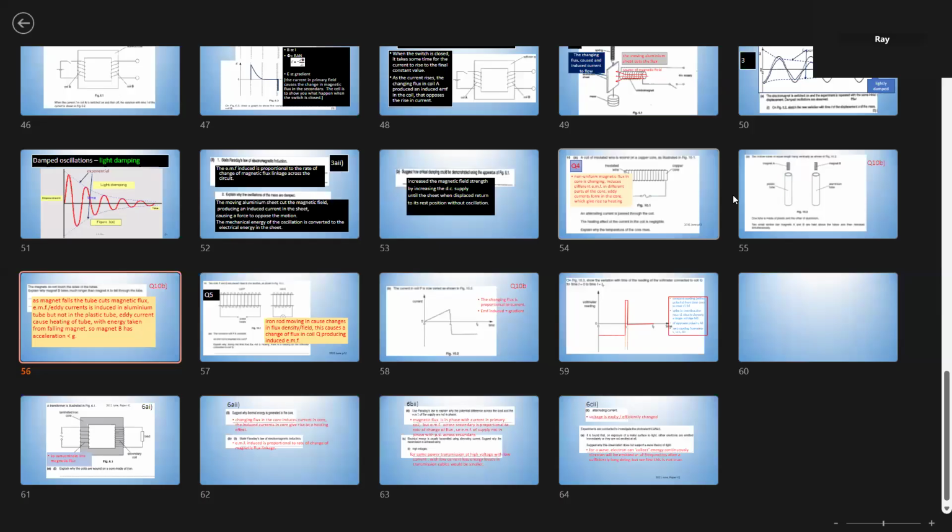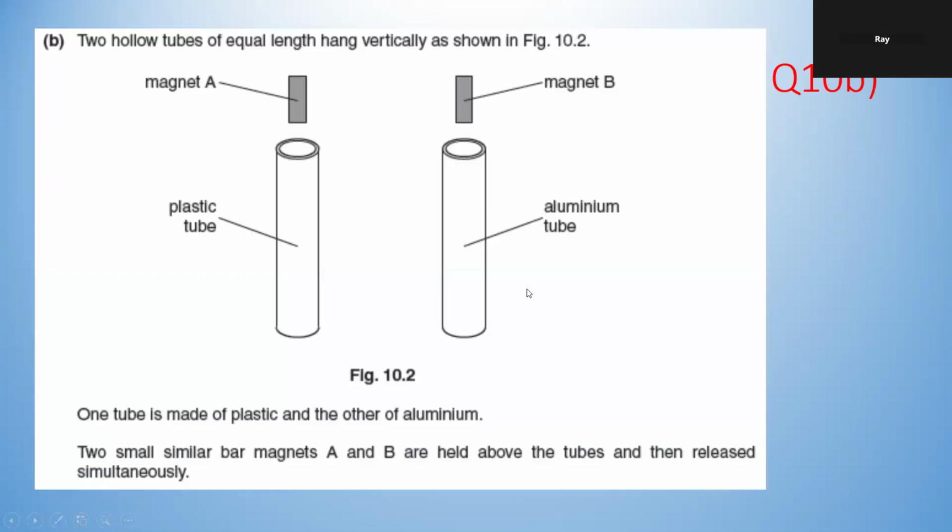Higher magnetic flux? No. Magnet B takes longer to fall. Why?